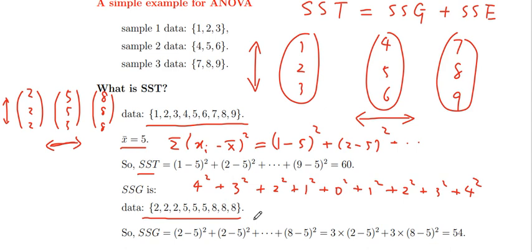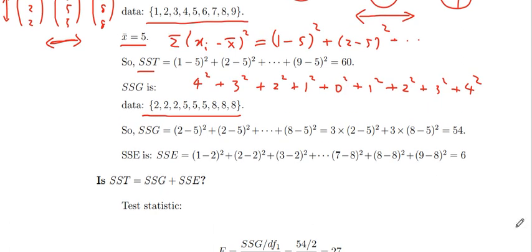So 2 minus 5 squared, three times, so 3 times 2 minus 5 squared. Then 5 minus 5 squared is 0, 0, 0. Then 8 minus 5 is also 3, so 3 times 8 minus 5 squared. We find this number is 54. So this 54 is SSG.